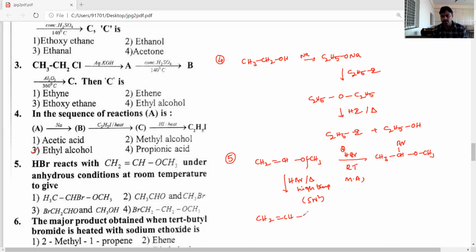CH2=CH-OH, an enol, is unstable and rearranges to give acetaldehyde. The other product is methyl bromide. But here they gave room temperature only, so the answer is the first option, just addition of HBr. At higher temperature, C-O bond cleavage takes place, and the resultant products are acetaldehyde and methyl bromide.